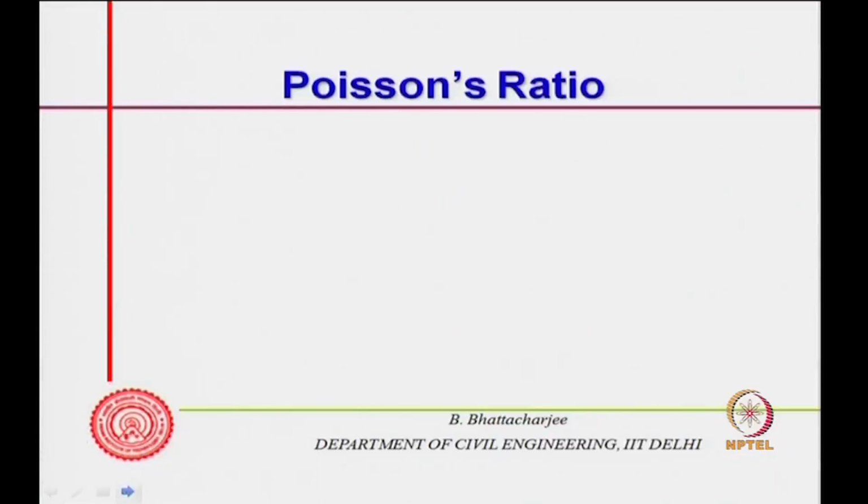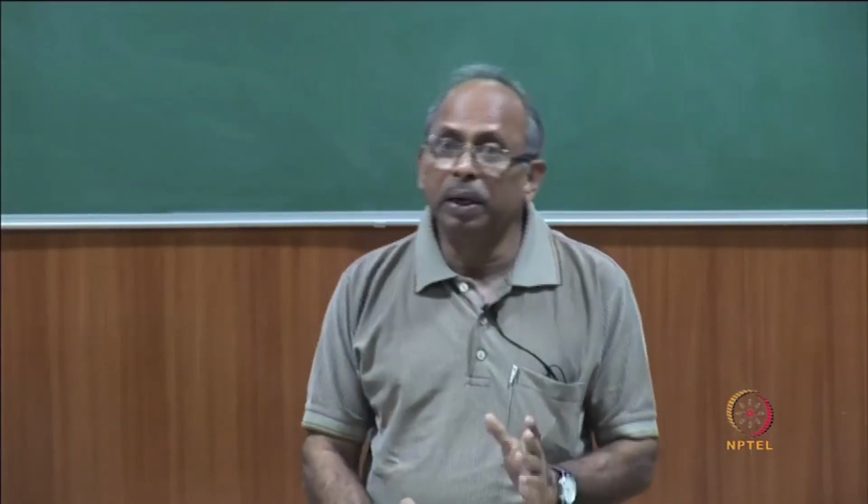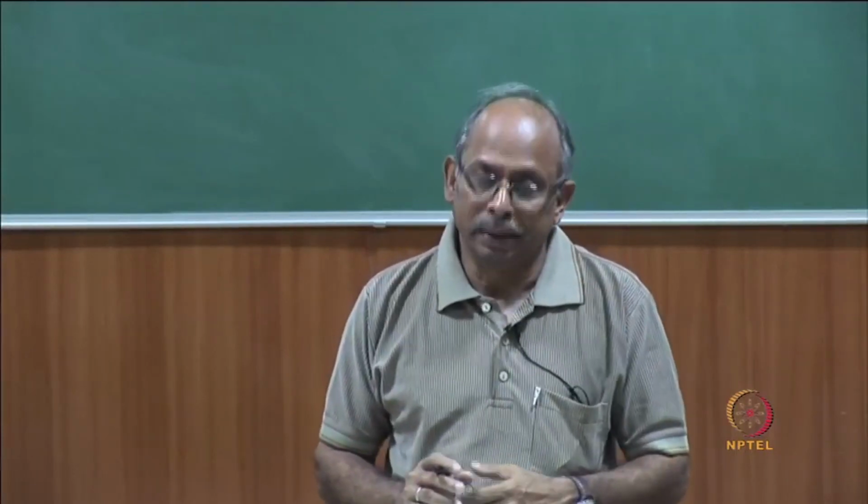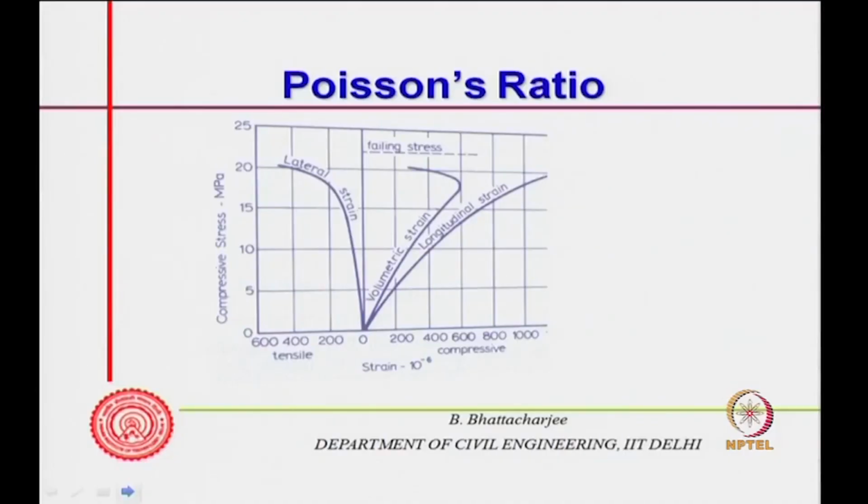Now, let us look at the next property, which is Poisson's ratio. This is important to find the lateral deformation when you have applied a longitudinal stress, in an axial situation and so on. When you apply load, this is compressive loading, this is tensile, the strains are here, and this is compressive stress.